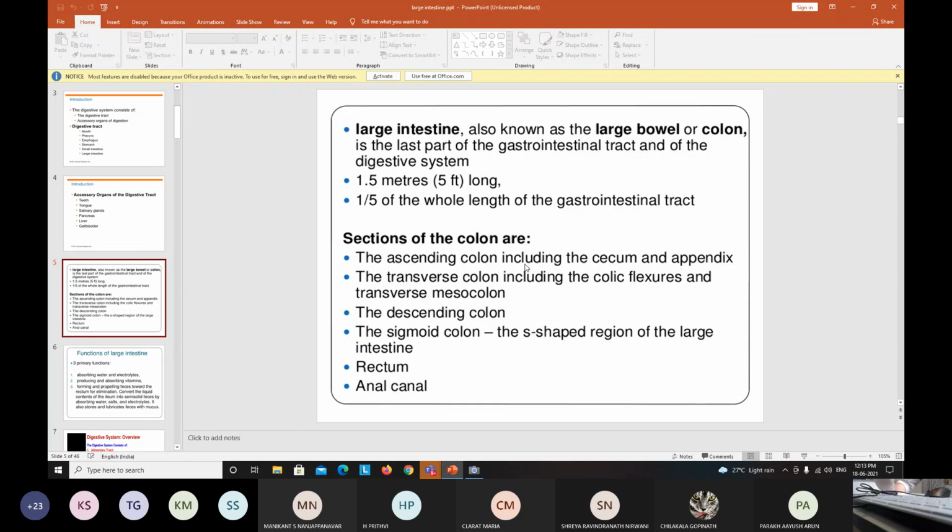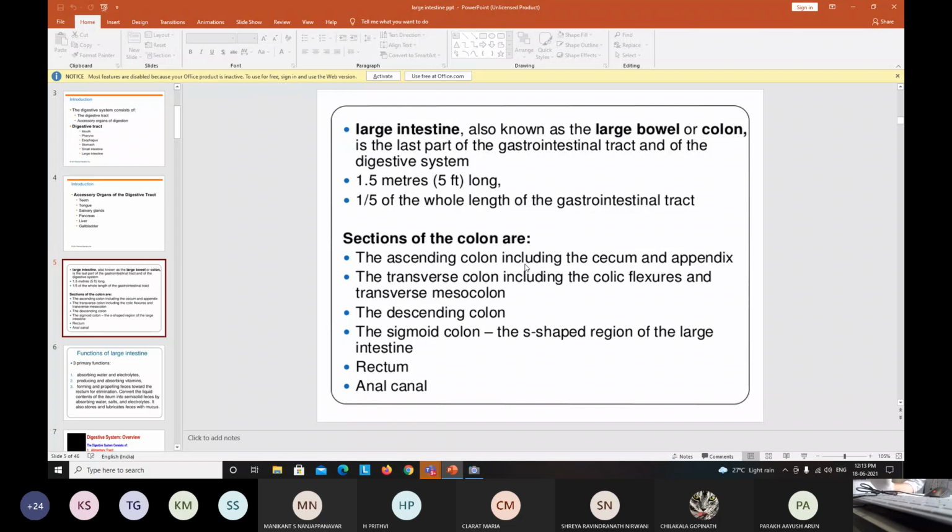Its length is around 1.5 meter, and the small intestine is 6 meter. So the large intestine is almost 1/5 of the GIT.